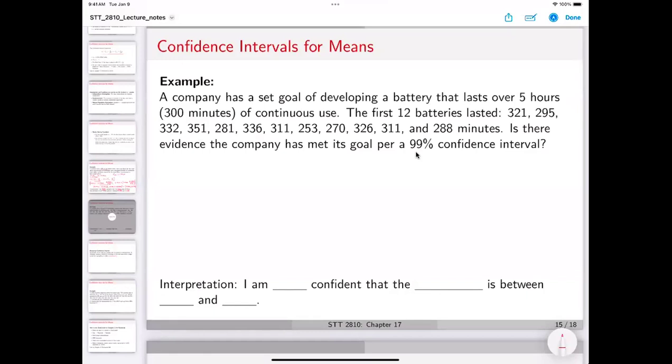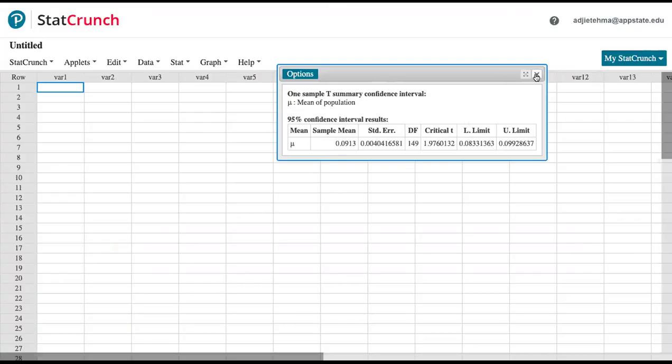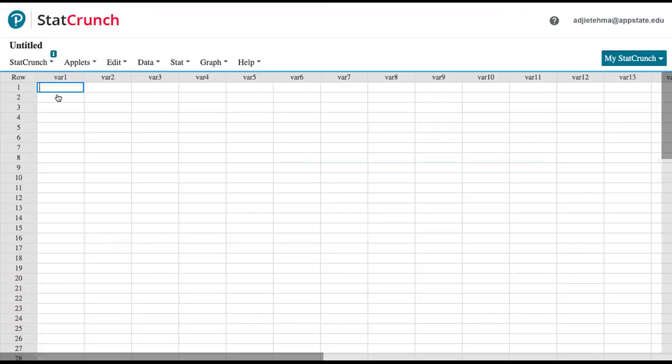So that also gives you the idea that we are going to do T. So let's open StatCrunch and then input the numbers there. So let's input the numbers. I have, so input yours.